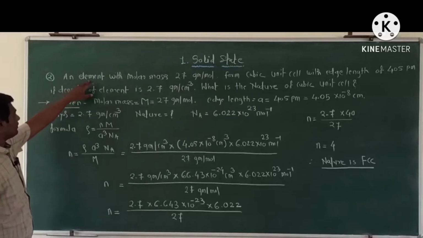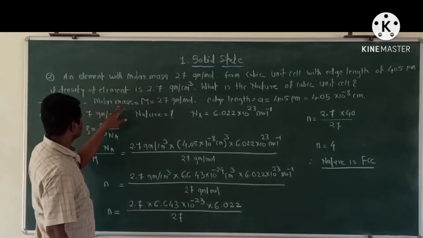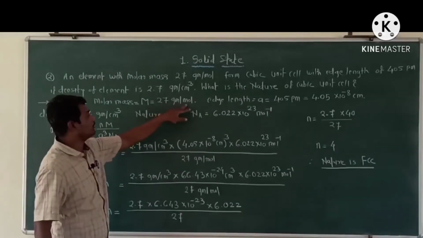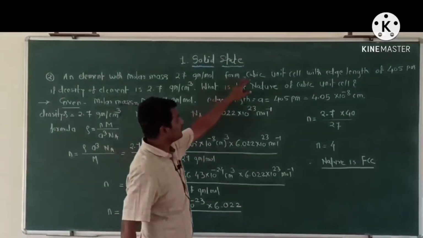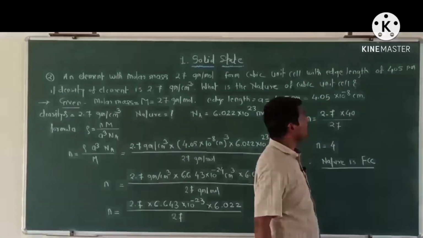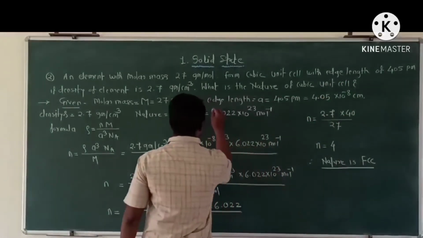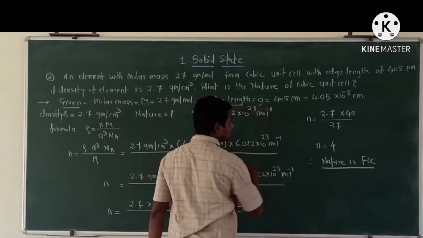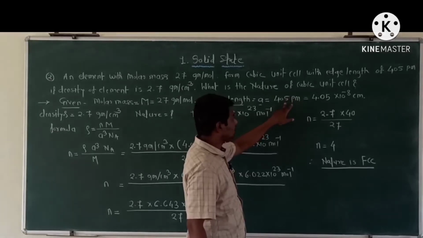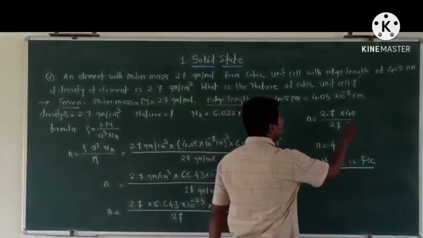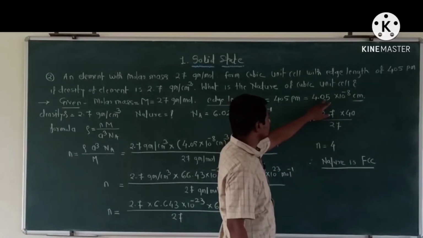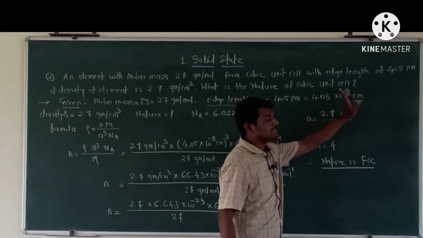Okay, now the element with a molar mass, that is capital M, is 27 gram per mole. Form a cubic unit cell with the edge length of 405 picometer, that is edge length a is 405 picometer. Convert this picometer value into centimeter, that is 4.05 into 10 raised to minus 8 centimeter.